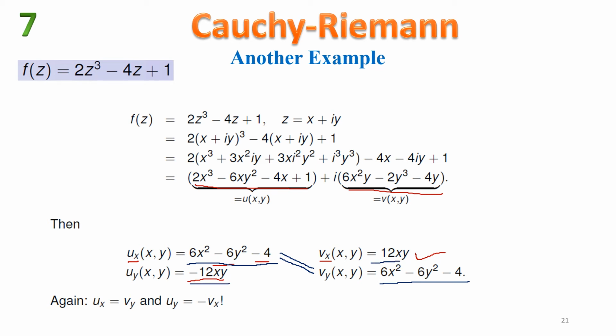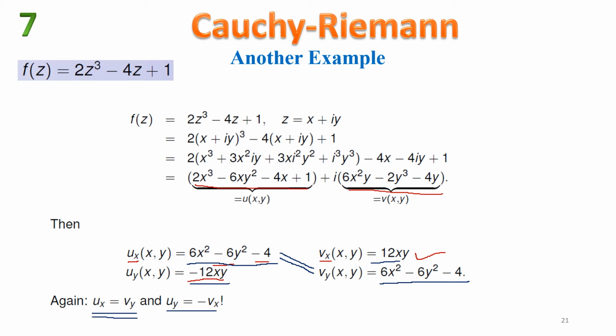So here we can write uy is equal to minus vx and ux is equal to vy. So it is not an accident. This is not randomly happening. This is happening with different functions. You can try on your own with a couple of functions and develop a feeling for this.